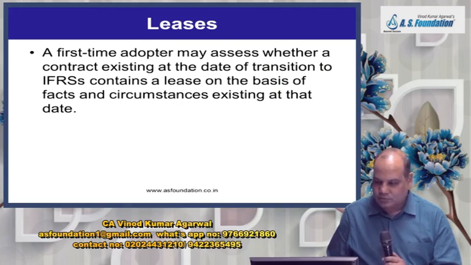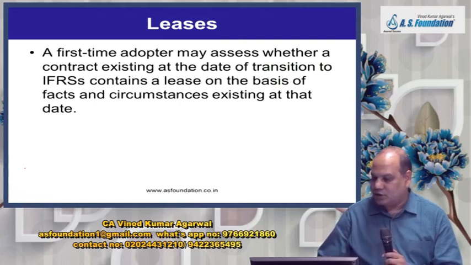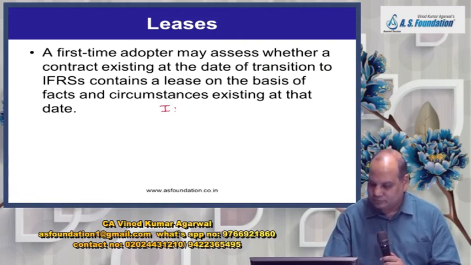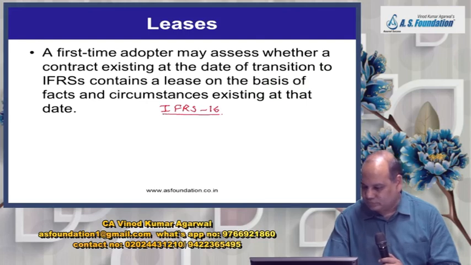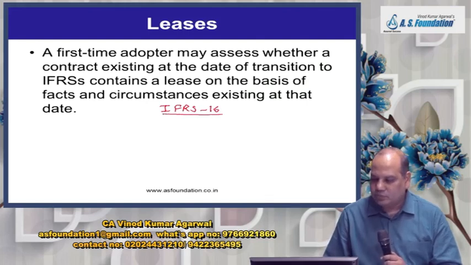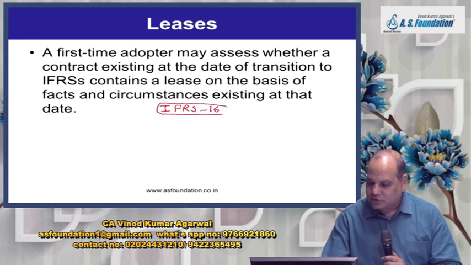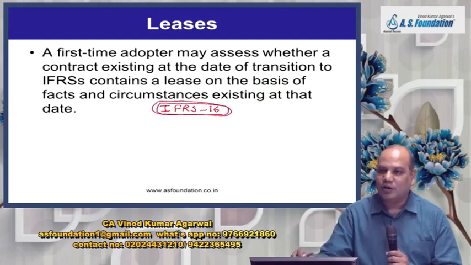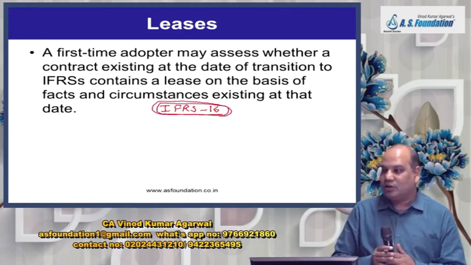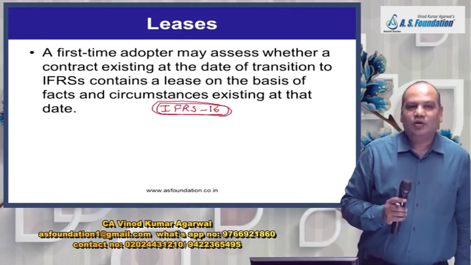Next is leases. Now IFRS 16 is applicable for leases. So talk only about IFRS 16 now, right? And in this IFRS 16, you have to identify whether a lease exists in a contract.